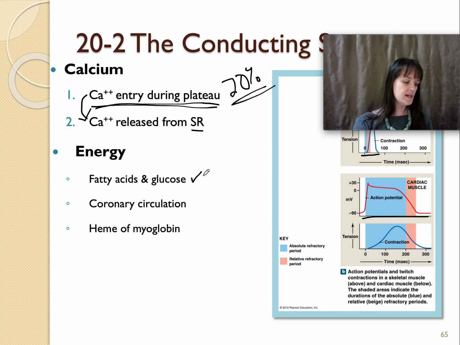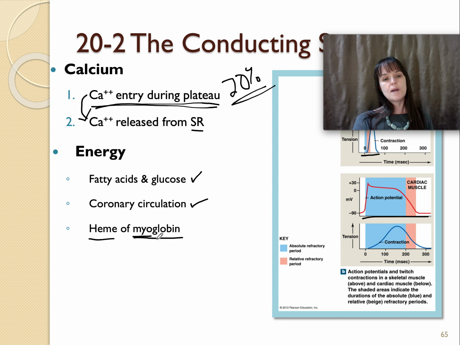of oxygen. The heart gets oxygen from the coronary circulation, the left and right coronary arteries, and stores oxygen bound to myoglobin. And this is something we hadn't talked about before. We talked about hemoglobin and how it has a heme with an iron, and an oxygen binds to the iron in the heme of the hemoglobin.